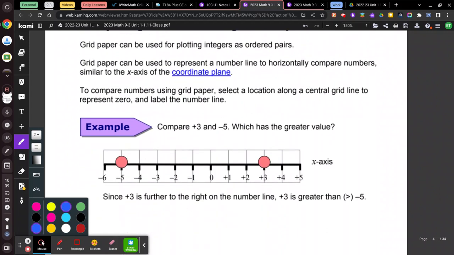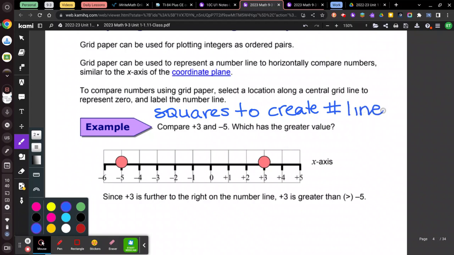Now we're going to talk about using grid paper. Grid paper is wonderful because it's got little squares, and that's what we use as a number line. So all they're doing is using squares to create the number line.